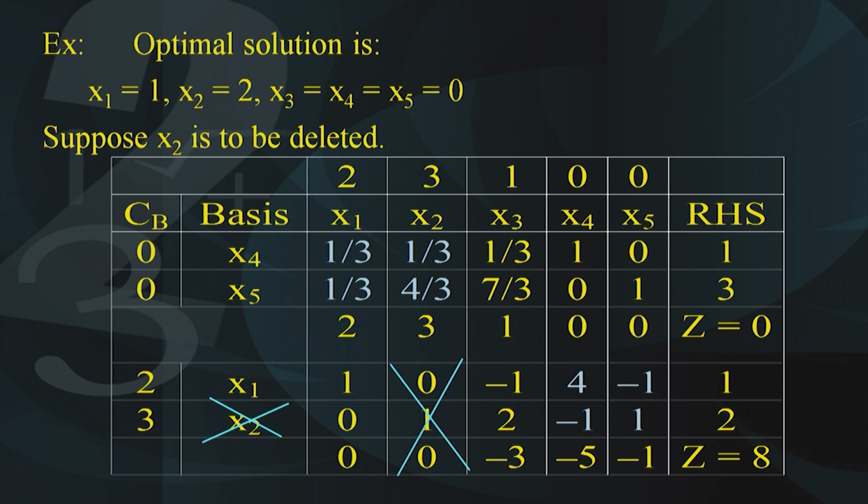We look at this column x1, x2, x3, x4, x5. This is the initial table, and since x2 has to be deleted, I have placed a cross at this second column. So this column has to be deleted, and correspondingly this variable in the basis, x2, has to be deleted, right.